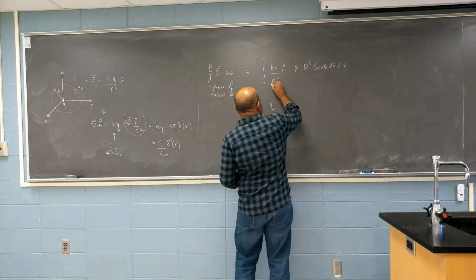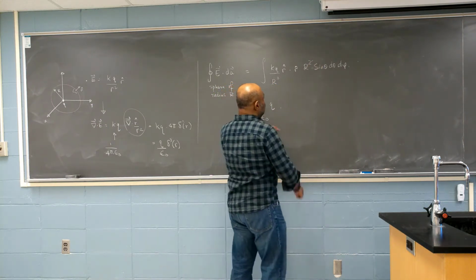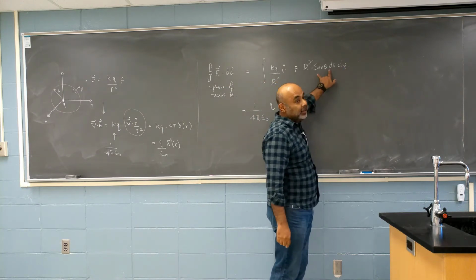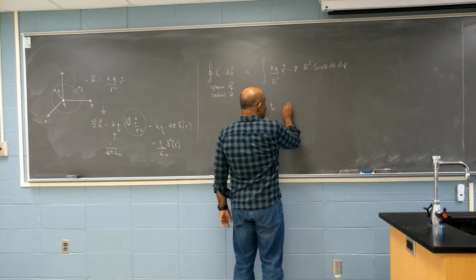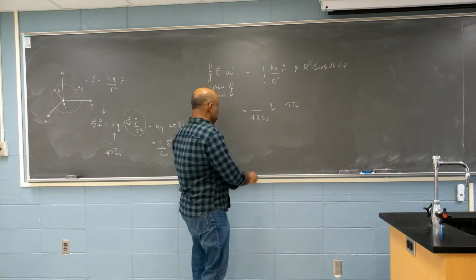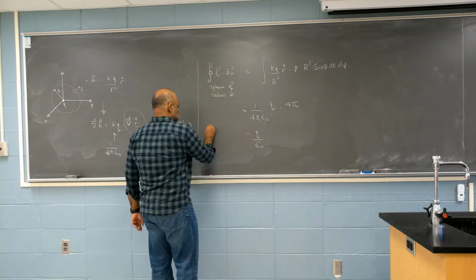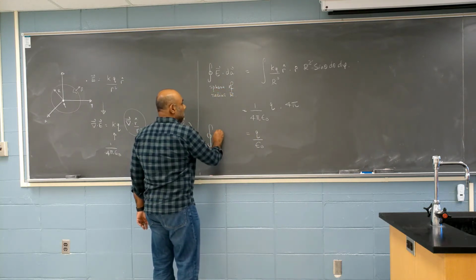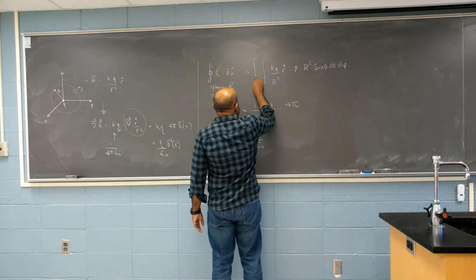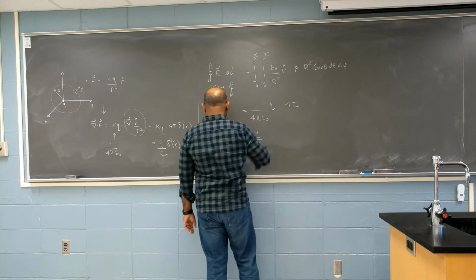Q, look at this and this cancel. And then we know what sine theta d theta d phi is. D phi is 2 pi, sine theta d theta is 2. So it's 4 pi. And that's exactly the reason we defined epsilon naught and k in this fashion. And what you get is Q over epsilon naught. The integral was 0 to pi for theta, and 0 to 2 pi for phi.